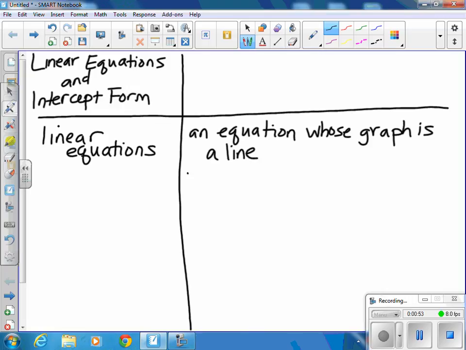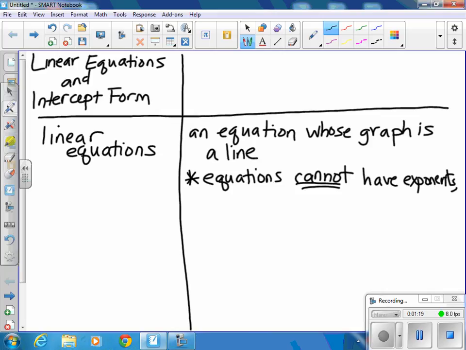Right. Now, there are three certain rules, if you wish, that qualify for an equation to be nonlinear or linear. Okay. Equations cannot have exponents, variables in the denominator, or variables multiplied together.